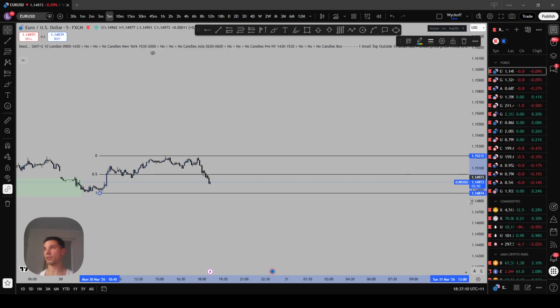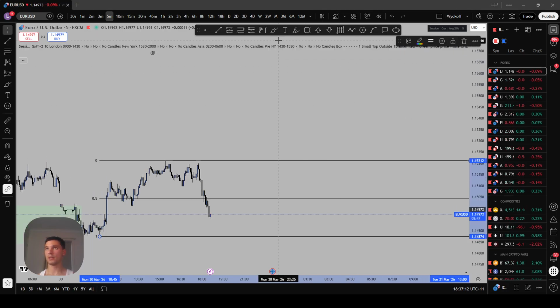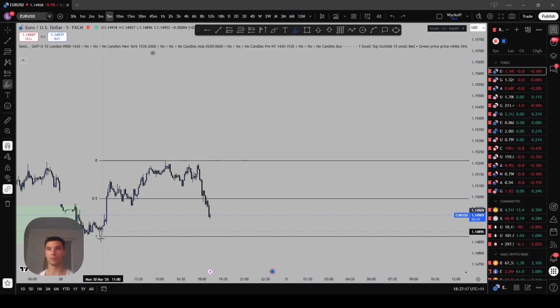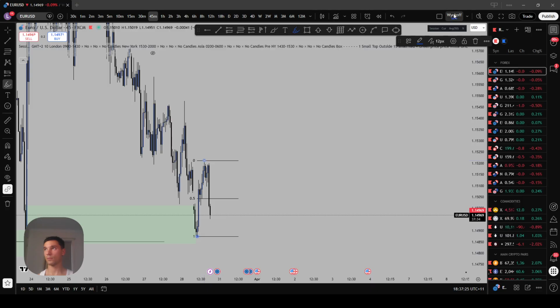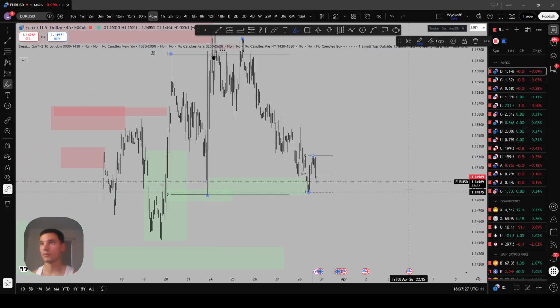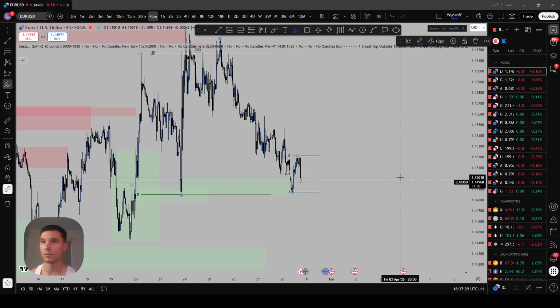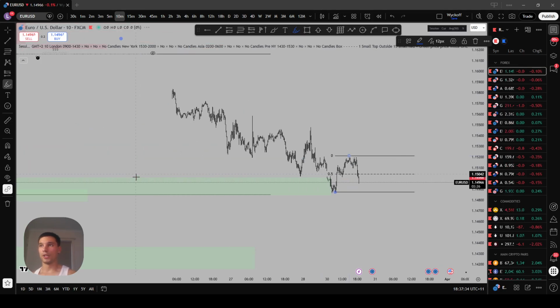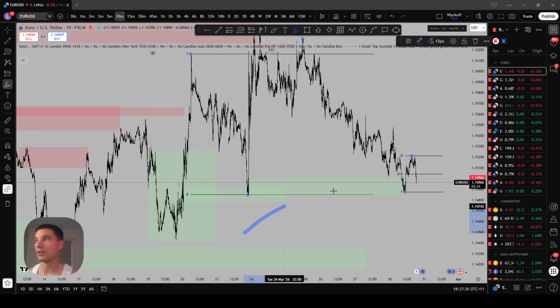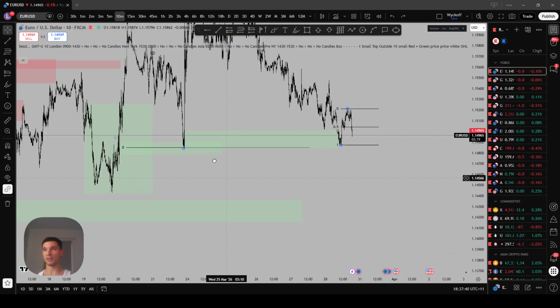It looks as if the other one as well, but nevertheless, this is all I'm interested in for Euro USD. Yeah, there's no real clear demand that I would like price to rebalance off outside of everything that's down below us.